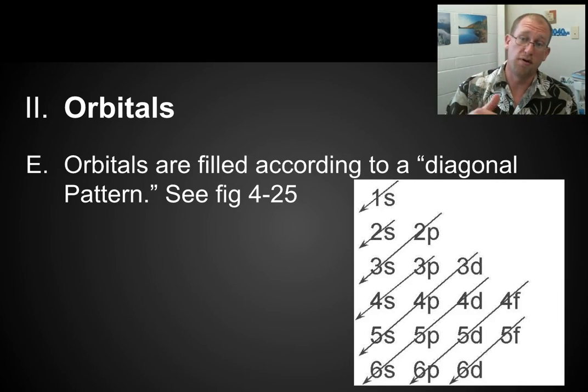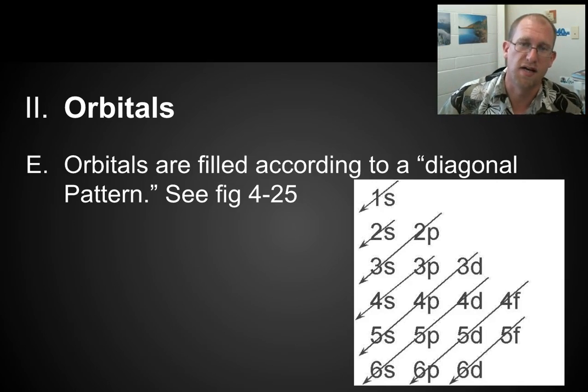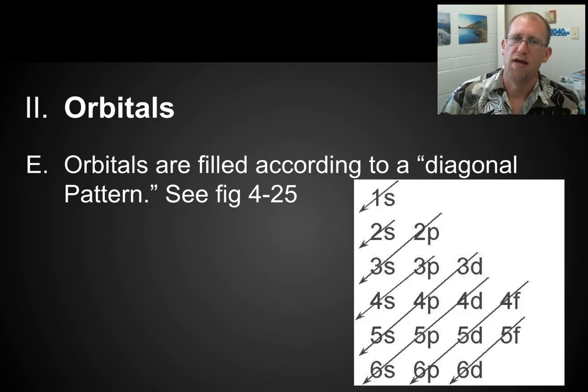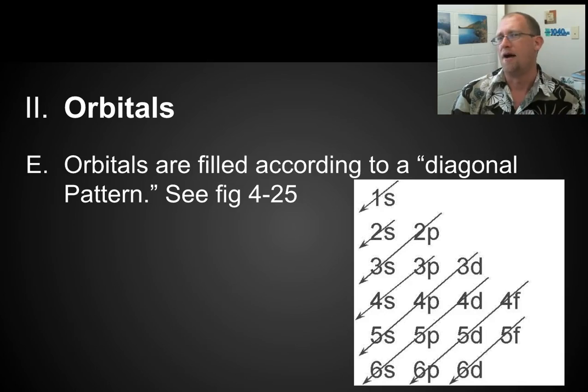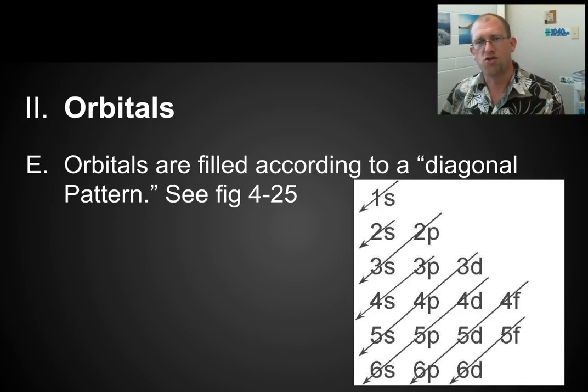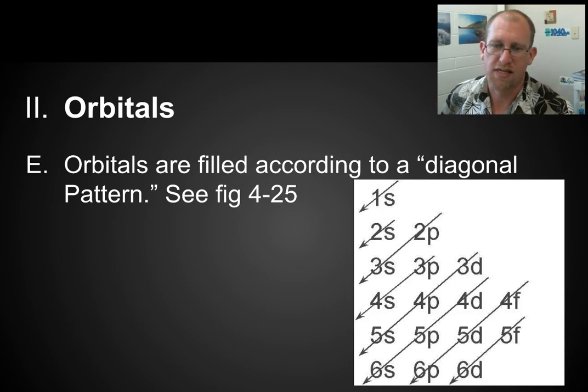In the next lecture, I'm going to show you how the periodic table does this for you. I think it's much easier to use a periodic table than the diagonal chart, but I feel like you should see the diagonal chart. So I'm going to show it to you now, and then I'll make your life easier next time we talk. So look at figure 4-25 in your book, and you will see this pattern.